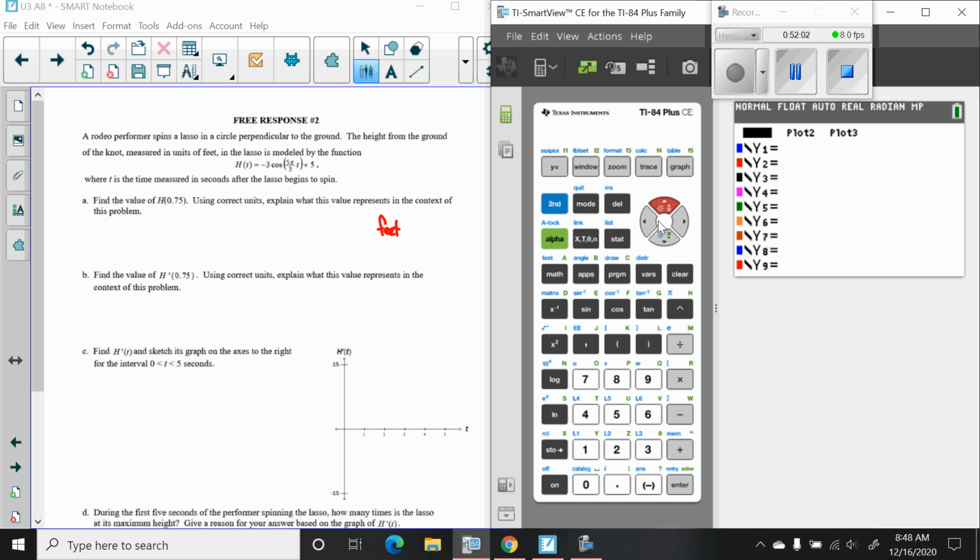All right. -3 cosine of 5 pi over 3 x plus 5.